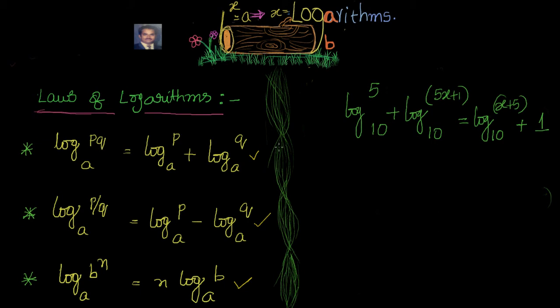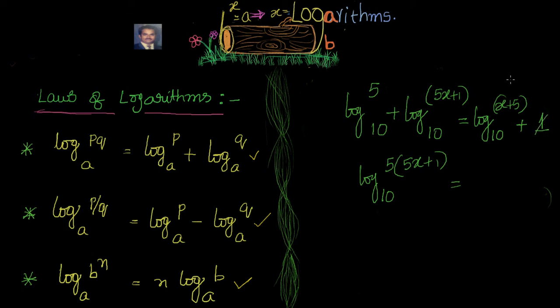I can do the same thing. Now can I go to the LHS of that? Yes, that will be nothing but log 10 of this is P, this is Q, so I can say 5 into 5x plus 1.